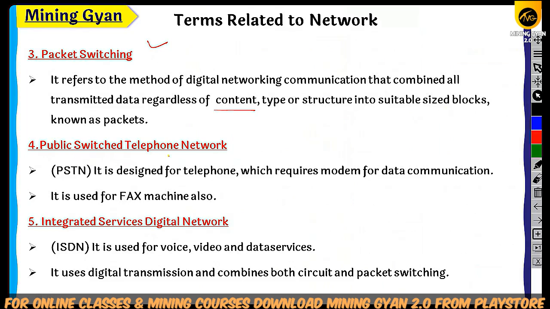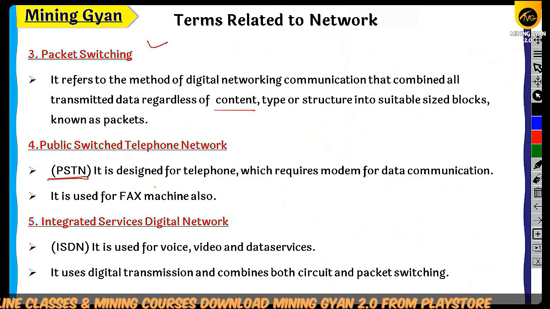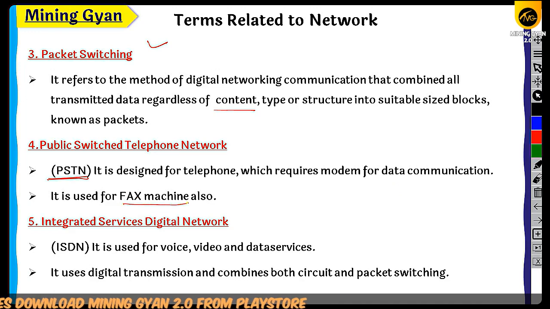The next one is the public switched telephone network, that is called PSTN. It is designed for telephones, which require a modem for data communication. It is used for fax machines also. So basically in a fax machine, the PSTN is used as the network. The last one is the integrated services digital network, ISDN.